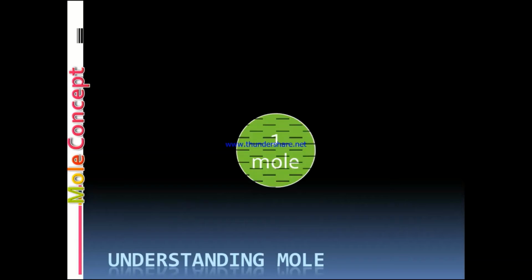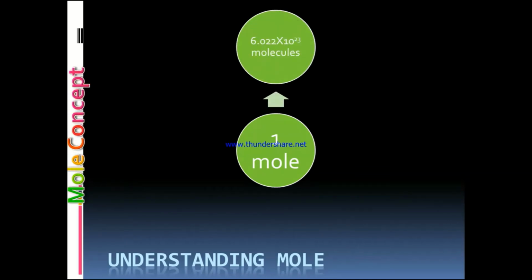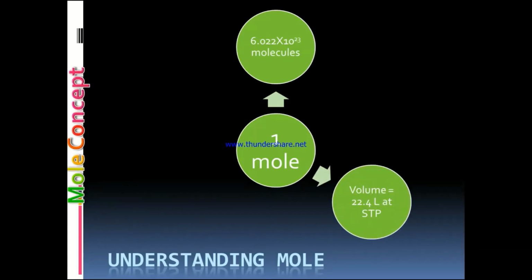Proceeding further, one diagram I want to show you to show what is actually 1 mole. 1 mole is 6.022 × 10^23 molecules or atoms or ions. 1 mole also represents the amount of gas whose volume is equal to 22.4 liter at STP.